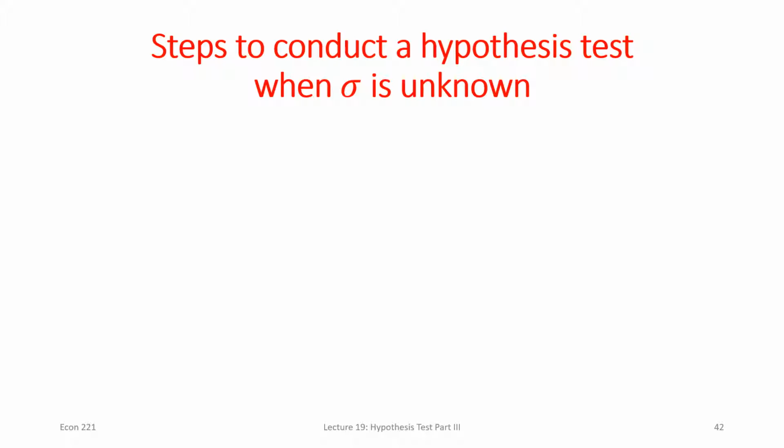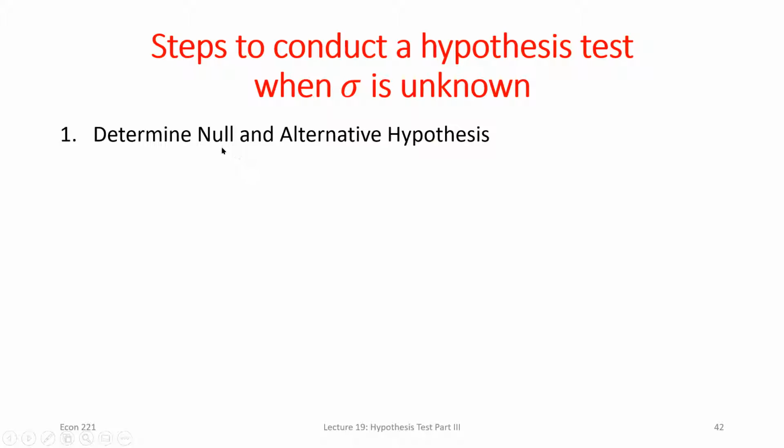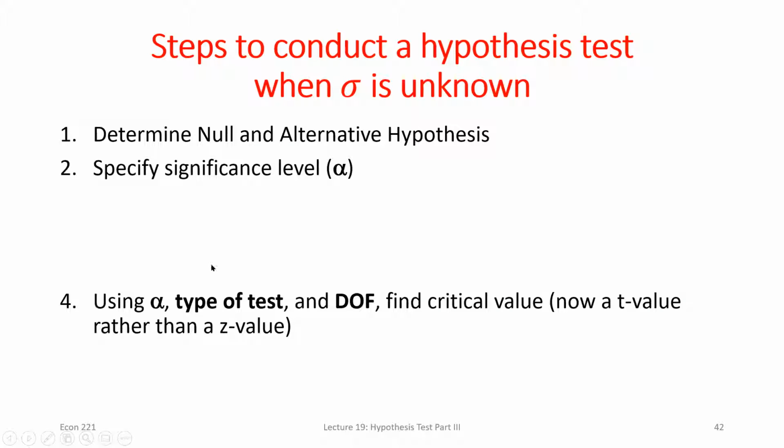Right? So what are the steps going to be to do hypothesis testing for that scenario? Well, same thing: identify the null and alternative. We still need to know what alpha we're testing at, right? What confidence level or significance level. The different step now is if I want to find critical values, remember before my critical values were coming from the standard normal or z-tables. They represented z values.